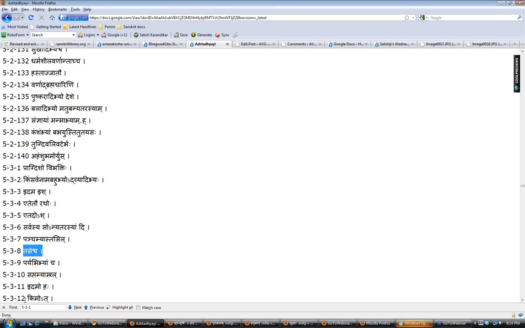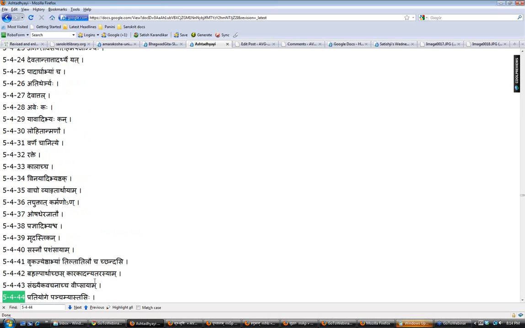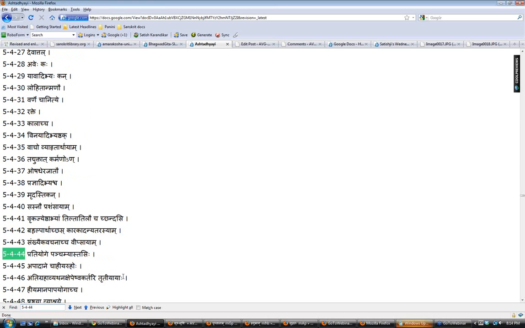But because of advyadibhyaha, we cannot use any of these things from this section for yushmad asmad. But then we can go to 5444 and 5445. There are two rules, which say pratiyoge panchamyas tasihi, then apadane chahiya ruhoho. These sutras are not very well known, but they are very important. They are important because of words like vastutaha, paramarthataha.